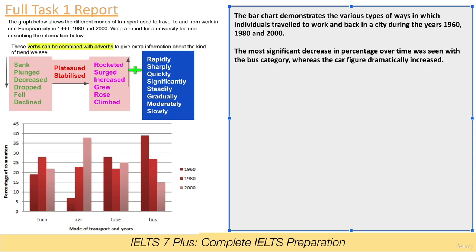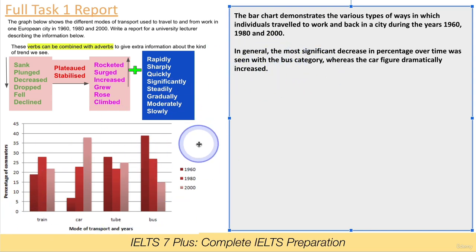Okay then, or actually we could say something like in general. Nice way to open it up. So this is for our sweeping statement. We don't want to take any specific detail from the chart itself. We just want to be broad and sweeping with our overview there.